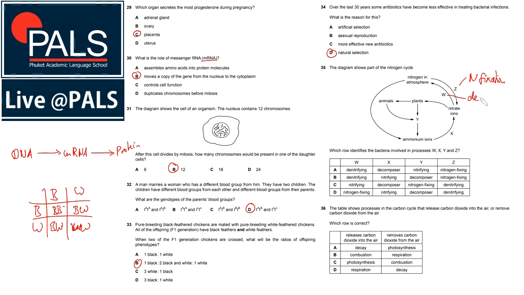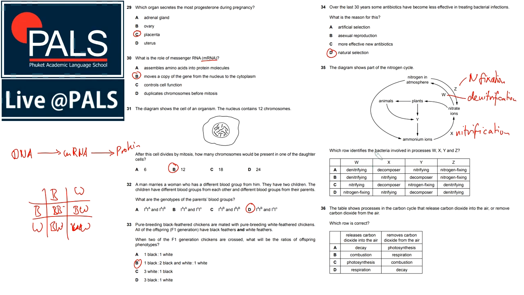W is denitrification. Ammonium ions to nitrate ions is nitrification. And Y, plants to ammonium ions, is probably decomposition or something like this.